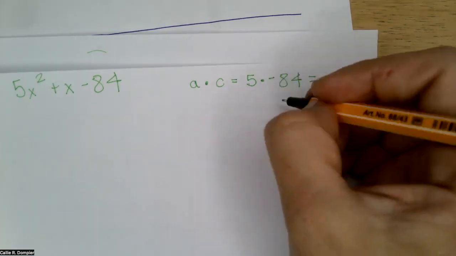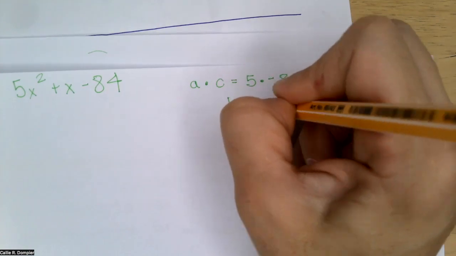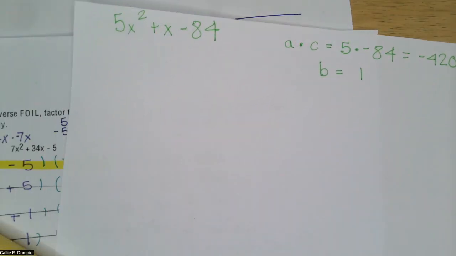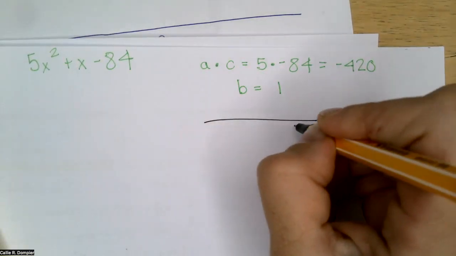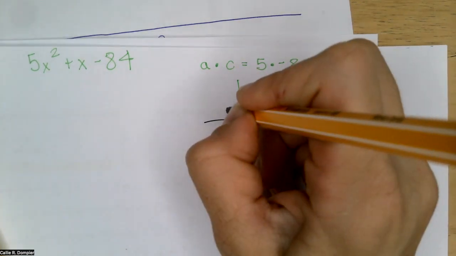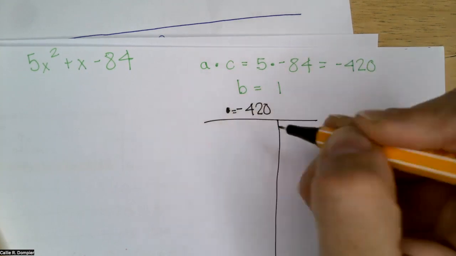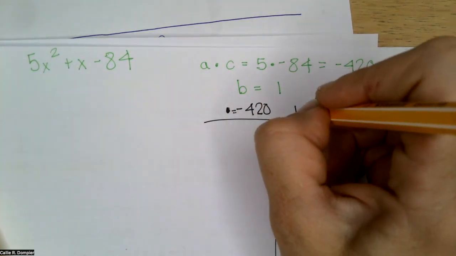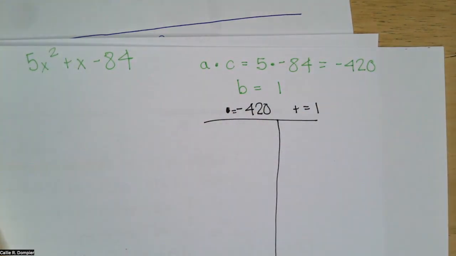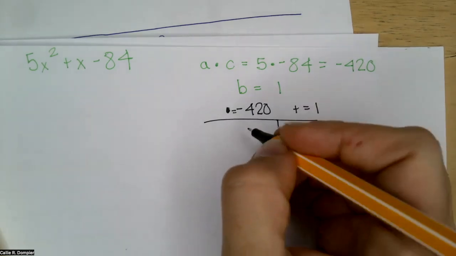And b is just the number 1. So what we want are numbers that multiply to equal negative 420 and add to equal 1. Seems like you can kind of ignore the really big ones, but I'll just do them all, right?